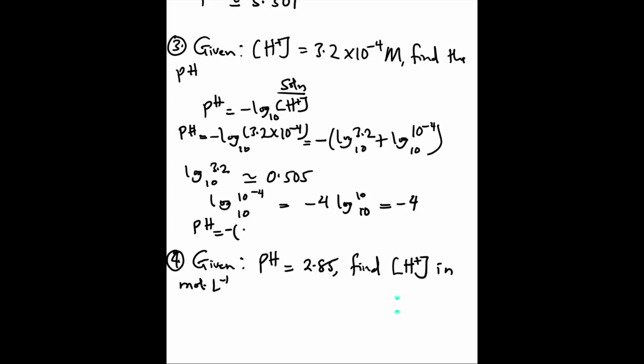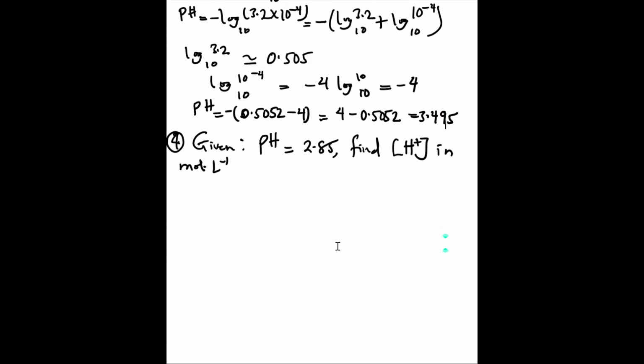So the pH will be equal to minus, into 0.5052 minus 4. Okay, so if we use this minus to open this bracket up, that will be 4 minus 0.5052. That will give us 3.495. So that's it for that question. So the pH is going to be 3.495.